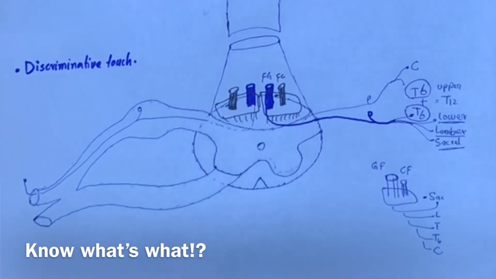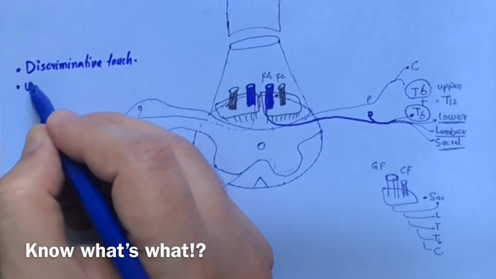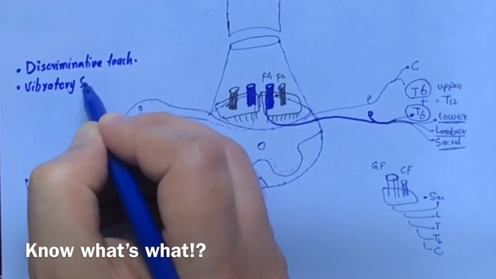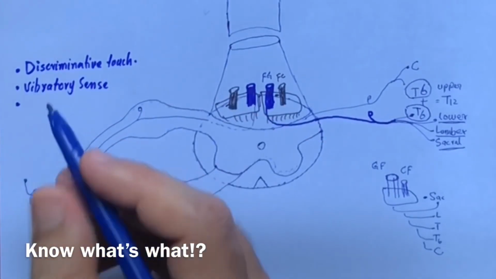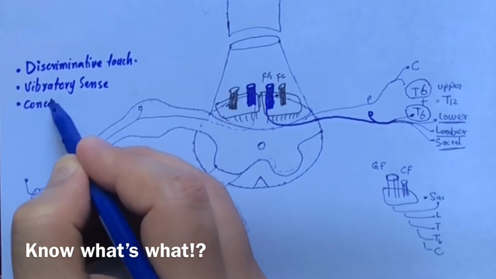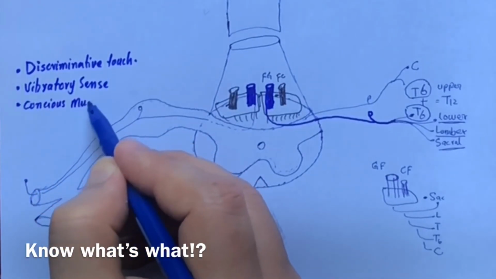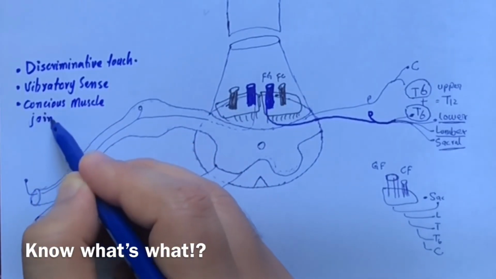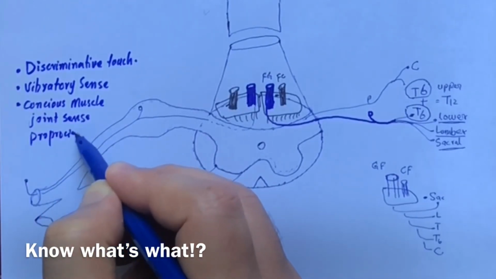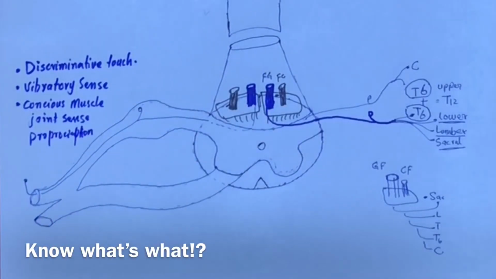Or 2-point discrimination, when 2 points are pricked or touched very closely and he can still accurately localize them. And then there is the vibratory sense, and then there is the conscious muscle joint sense, which is the proprioception. Now, all these sensations will go through the dorsal column.